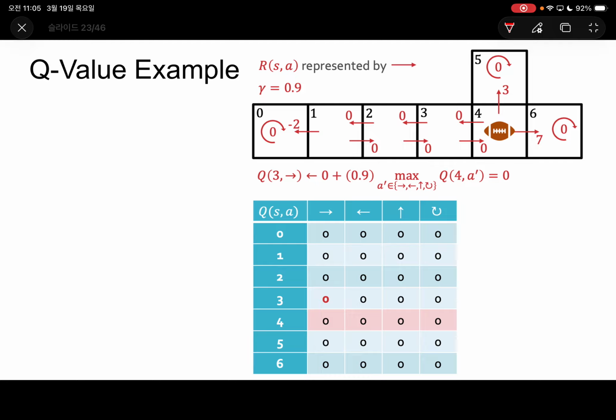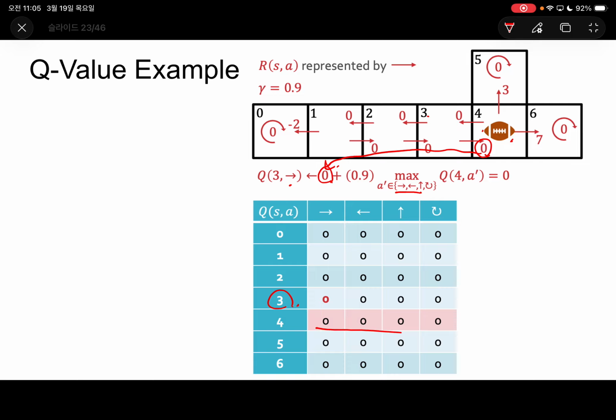So let's say the initial state is state 3. From state 3, going right gives us 0 reward, right? So we have 0 here. And then from state 4, there are 3 actions that are available. And then which one makes the Q function the largest?